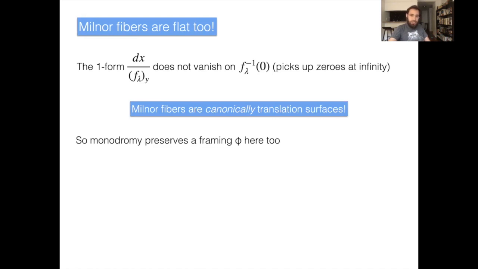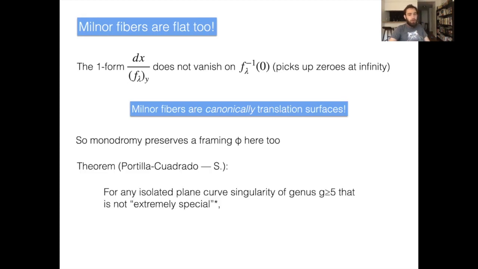And so now the question is, what is the monodromy attached to a plane curve singularity? And this is what Pablo and I answered. So here, for any isolated plane curve singularity, and again, we need genus at least 5 because of the foundational work on frame mapping class groups.